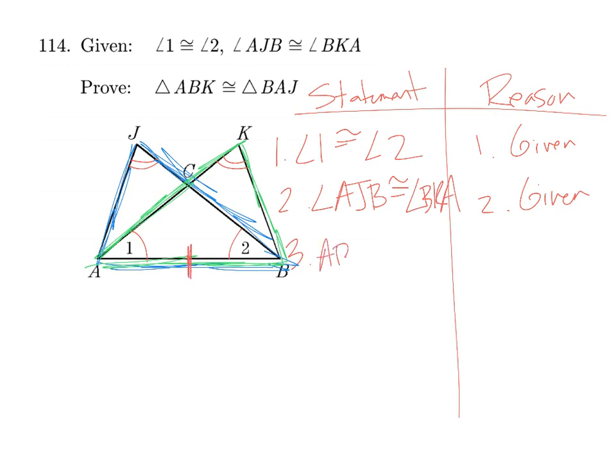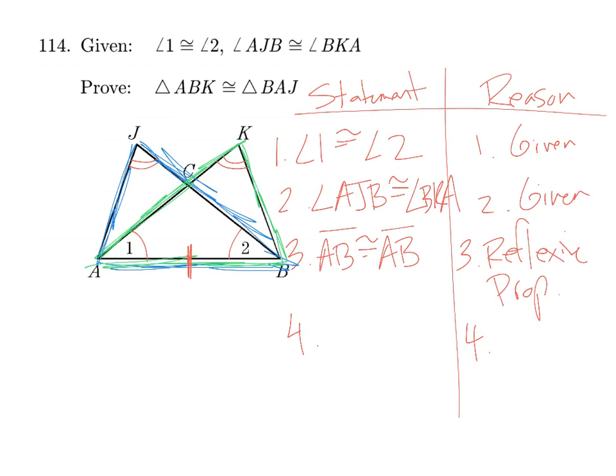So AB is congruent to AB, that's by the reflexive property. And then 4, I can prove the triangles are congruent now. By what reason?